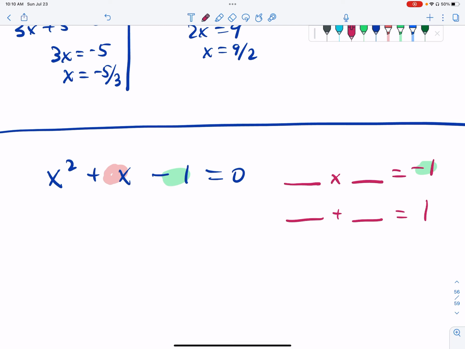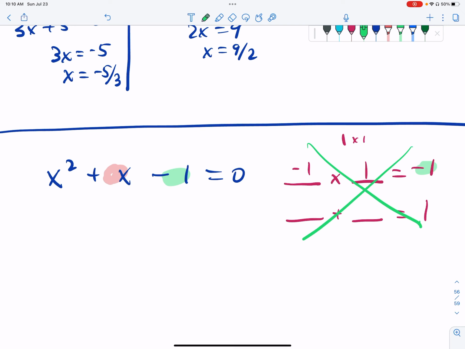So what times what is equal to -1 and then adds up to +1? That's not going to work because the only factors of 1 are like 1 times 1. If I did 1 times 1, that's not going to work because it has to be a negative times a positive, but if I did that, then they would add up to 0. So again, trash, it doesn't work out.